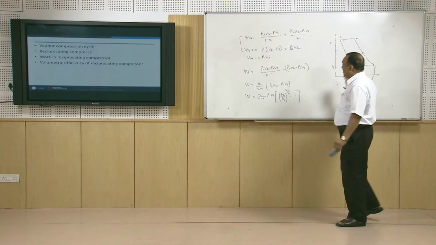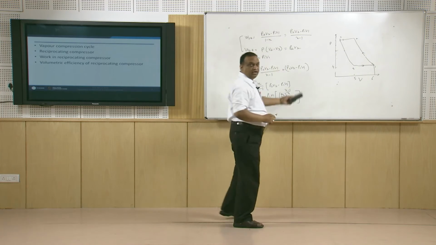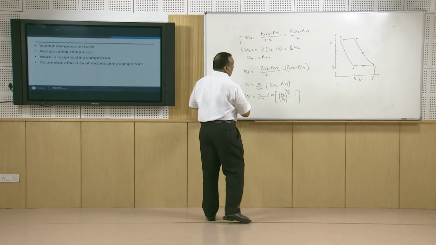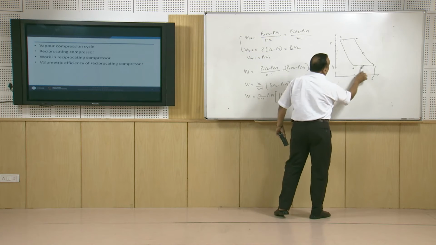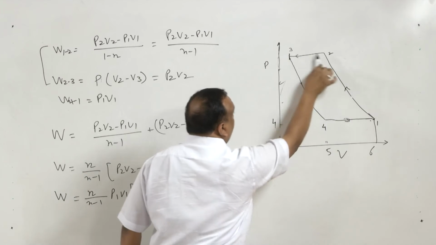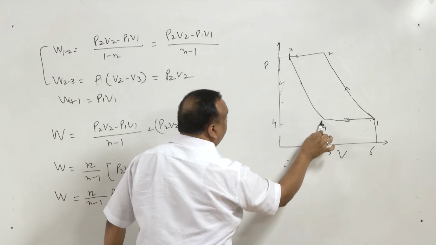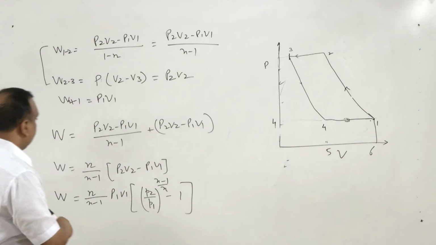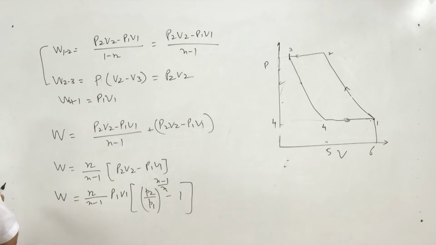So, in order to find work done during this process, we have already calculated work done in this process. If we take work done in this process minus work done in this process, it will give the work consumed by the compressor.